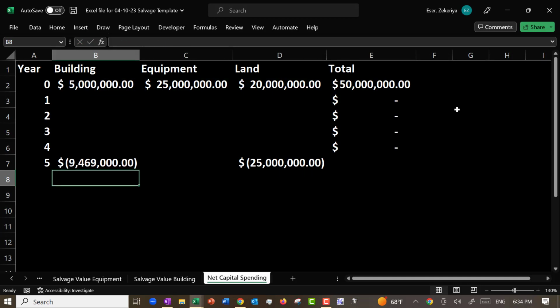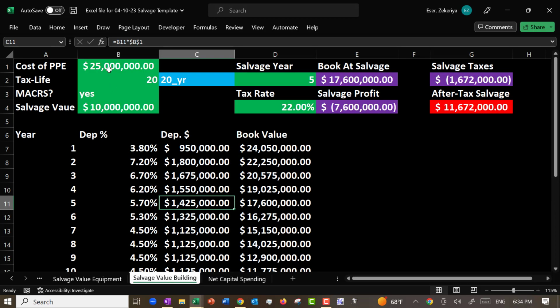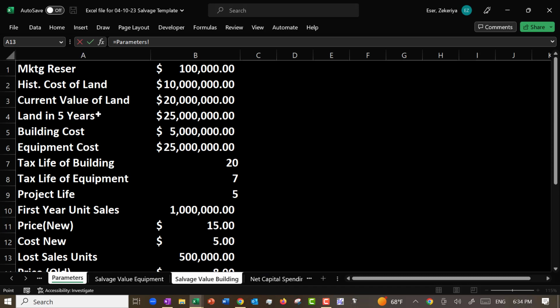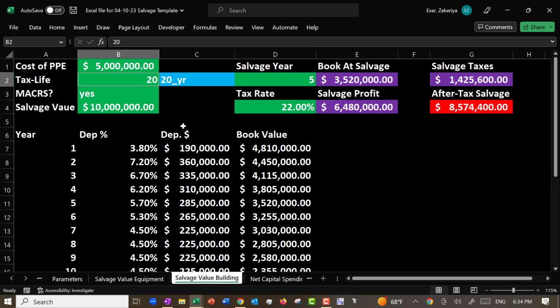And let's do the same thing for building. We bought the building cost 5. Tax life is, I mean, I know 20 is there, but I don't like hard coding things.